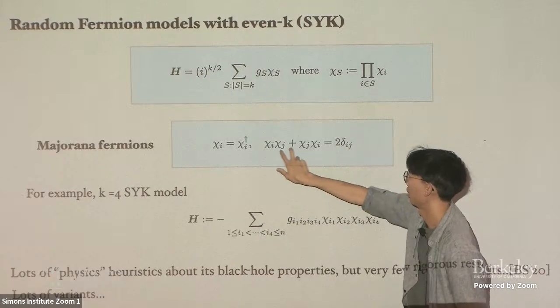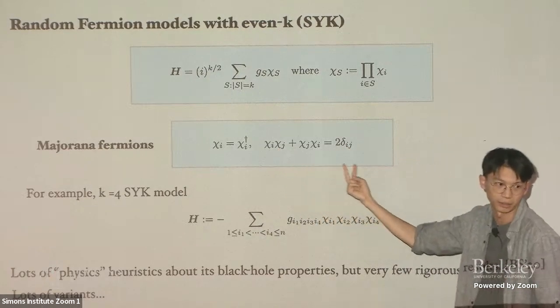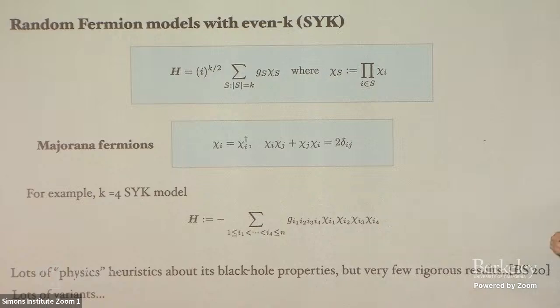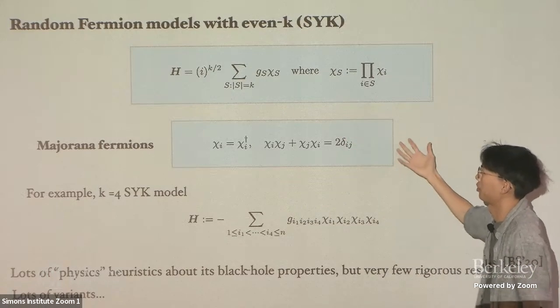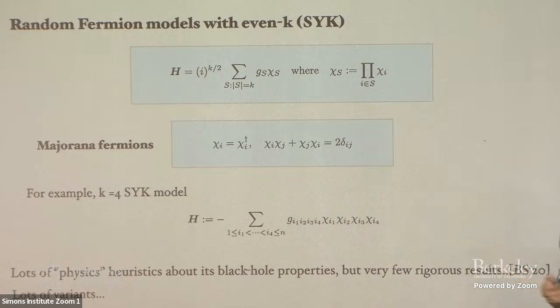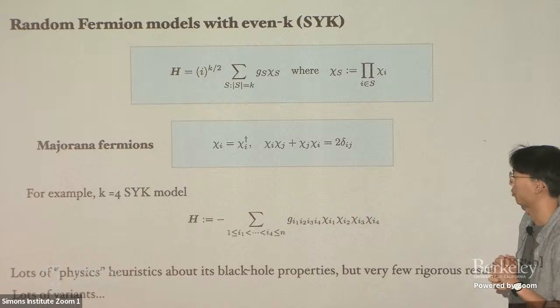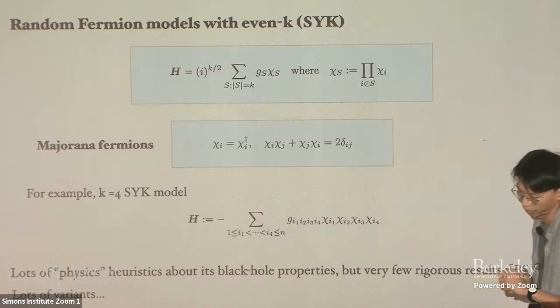Once you look at this, you realize when you swap two, it becomes negative. So when you do fermionic calculations, quite often you get lots of negative signs. If someone just told you this and then asked you what the properties of this Hamiltonian are, it's not a priori clear what should happen. Should it be very different from a spin case? Is it actually very similar? But it ends up being quite different.